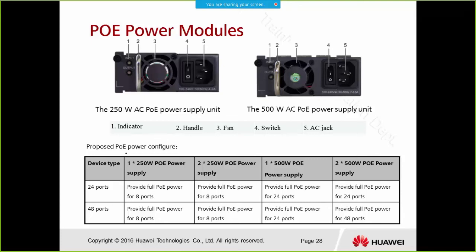And some devices may have 24 or 48 ports. For different types, if we want them to provide different numbers of PoE ports, we may need different numbers of these PoE power modules.